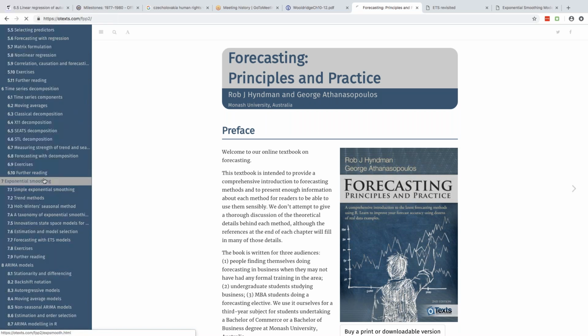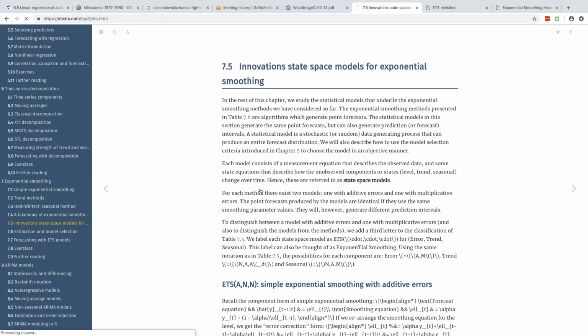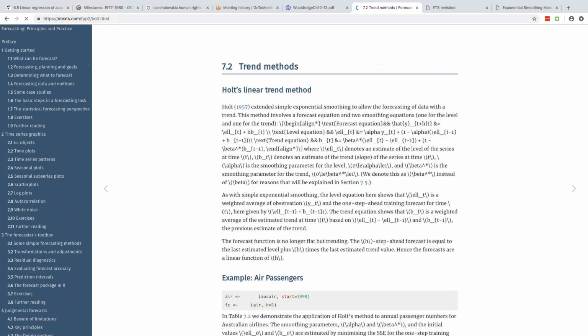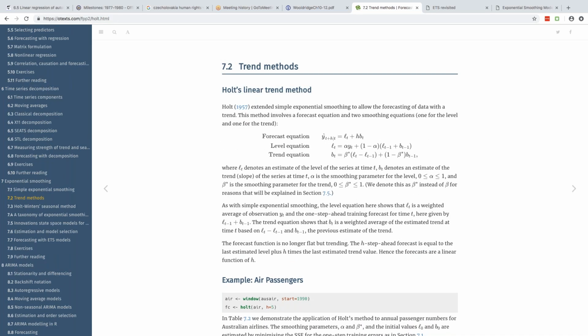And so there's a chapter on exponential smoothing. And let's see, where is it? Trend methods. Yeah.